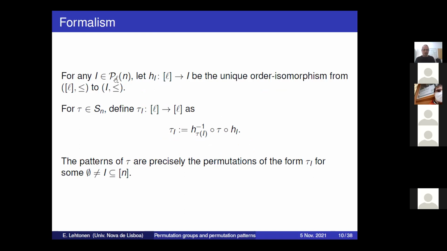We are now taking an n permutation tau, and for any subset I of cardinality L of the n element set, let h_I be the unique order isomorphism from the L element set of first positive integers, from 1 to L, to this subset I. This is the L element subset of the n element set. So there is a unique order isomorphism between these two sets. They are naturally ordered.